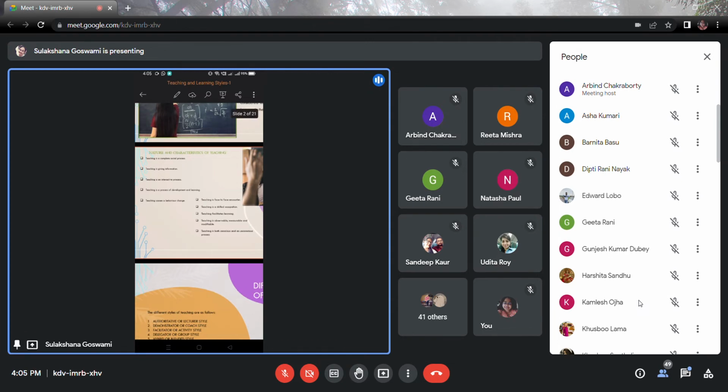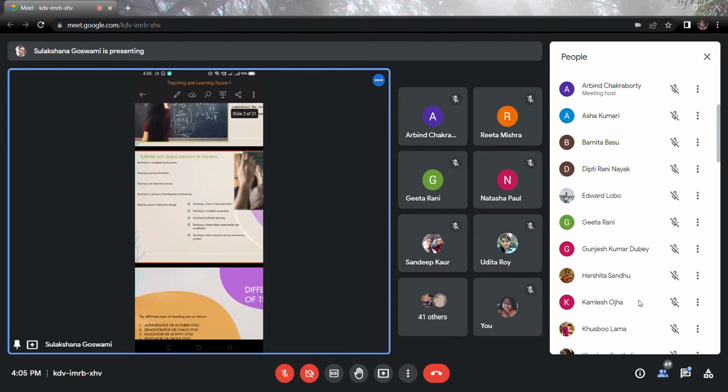Next, teaching is a face-to-face encounter. The teaching process is conducted face-to-face because students develop a better understanding through the teacher's and students' body language. Learners can connect with the teacher and other learners to access more information and feel more confident to ask any doubt they have.